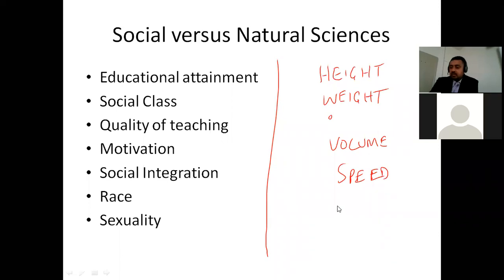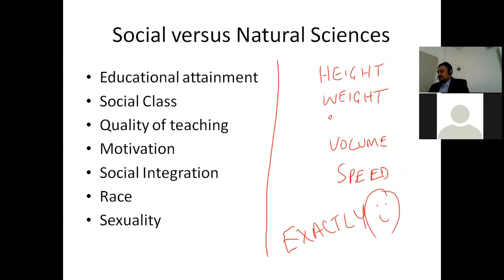Okay, great. So what's the big difference between the stuff on the left and the stuff on the right? I think usually when you measure the things on the right, if the researcher took the measurement of someone's height and someone else came and took their height, it would be the same.